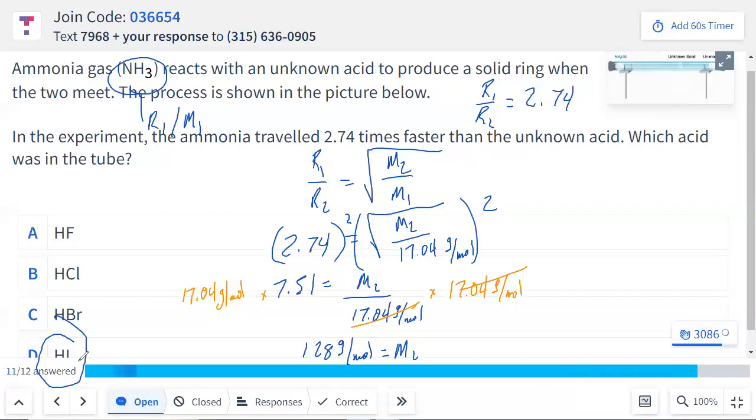All I need to do is put in the masses and take the square root of that ratio, and it's going to tell me how much faster or slower the first one is compared to the second. Any questions related to Graham's law?